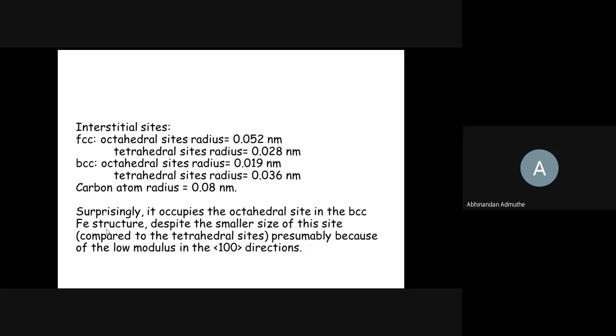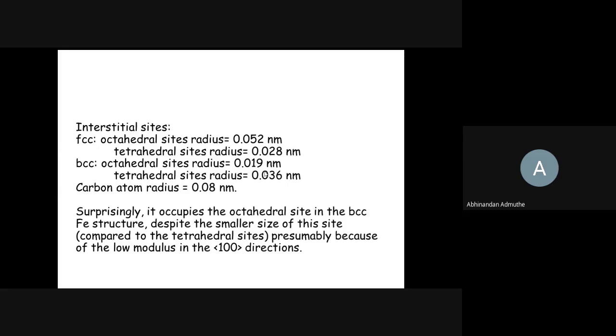And in the case of BCC, you can see octahedral site radius 0.019, tetrahedral site radius 0.036. So surprisingly, it occupies the octahedral site in BCC, not the tetrahedral site, despite the smaller size of this site. The octahedral site is 0.019 and the tetrahedral 0.036. It should take the tetrahedral site, but it will not.